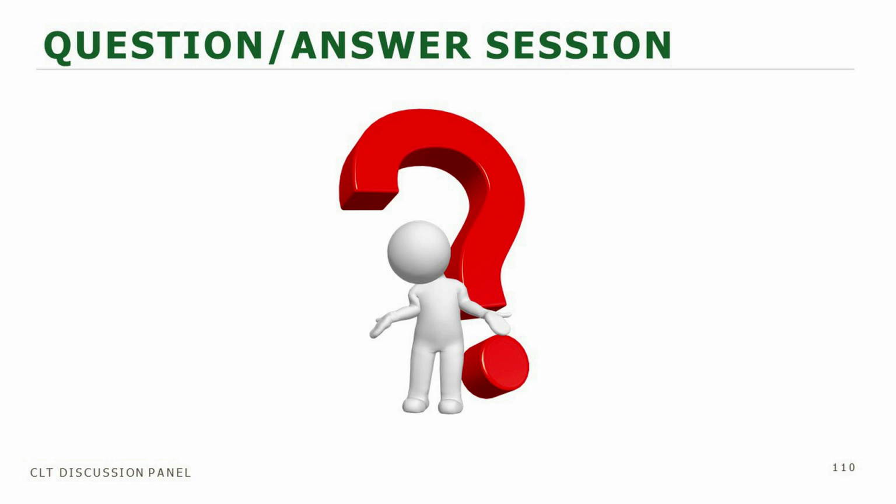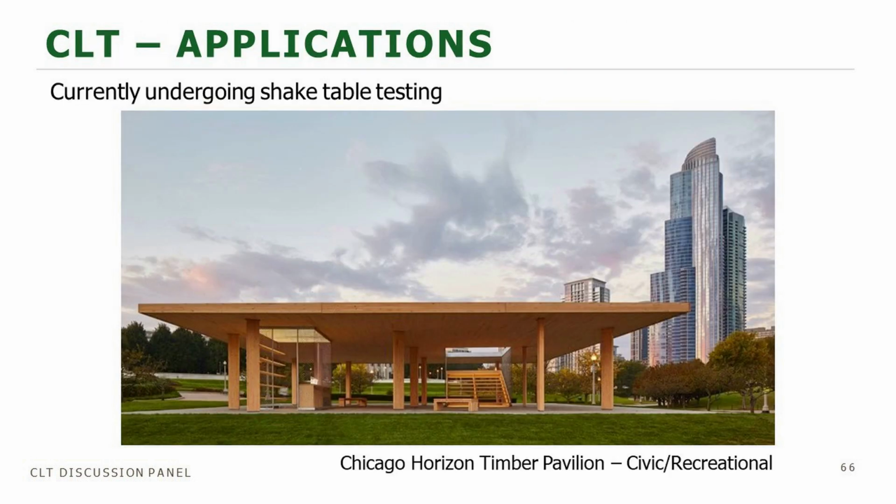Excellent. We've had a couple of folks asking whether there are any instances where CLT has been used in exterior applications. I want to say one of you showed a picture of maybe an observatory or something, where some of the mass timber on the underside of the roof might have been exposed to the elements.